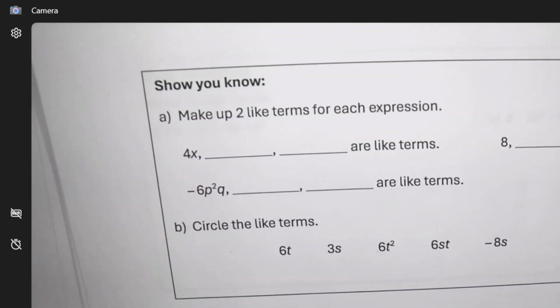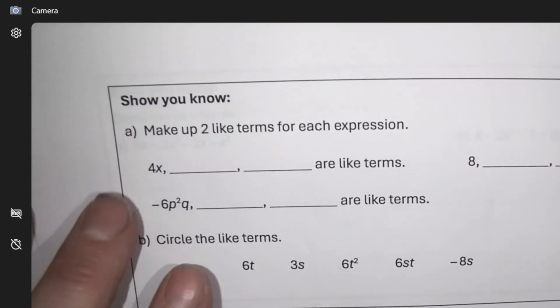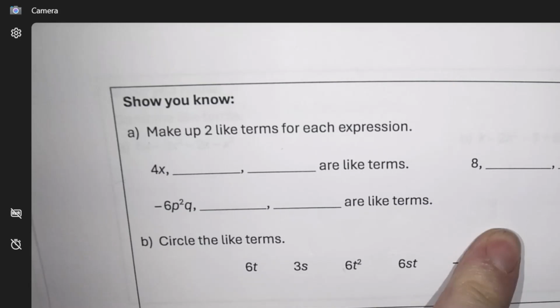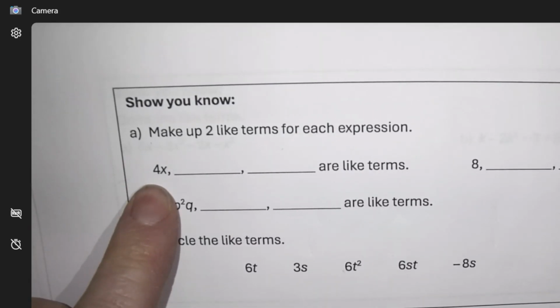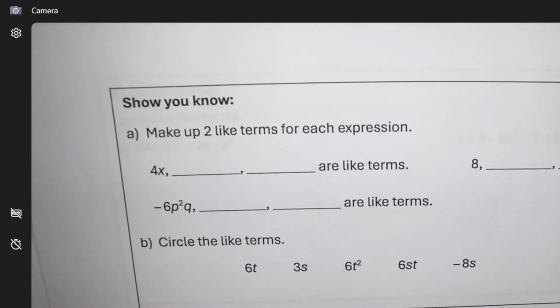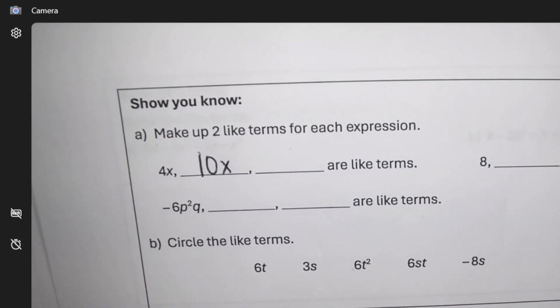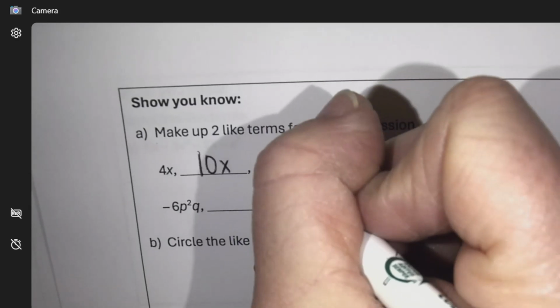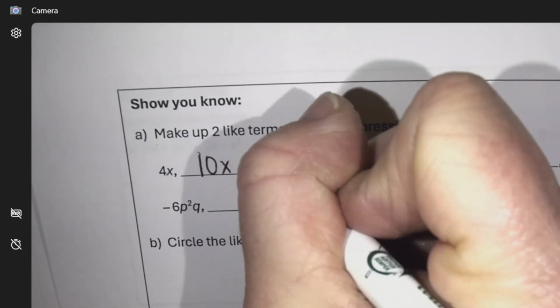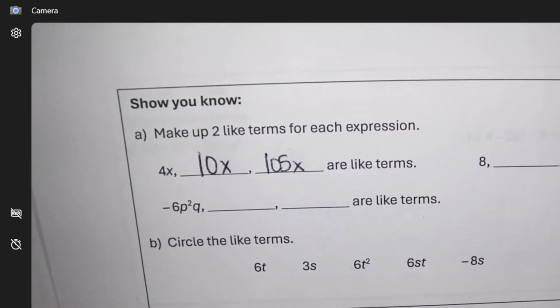Okay. You are to make up something. So you have to make up some like terms. So 4x, you just have to make up something that has just an x in it. So you could be like 10x. 105 trillion x. 105x. I don't have room for the trillion.